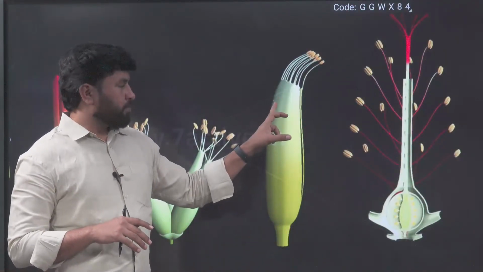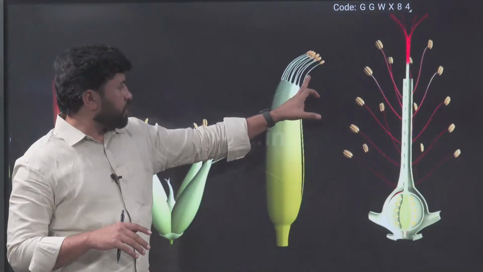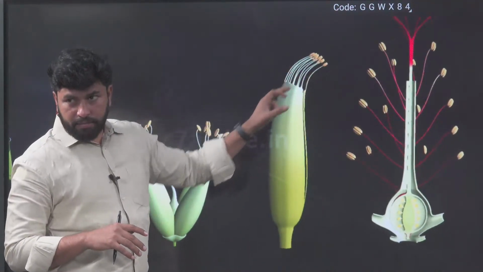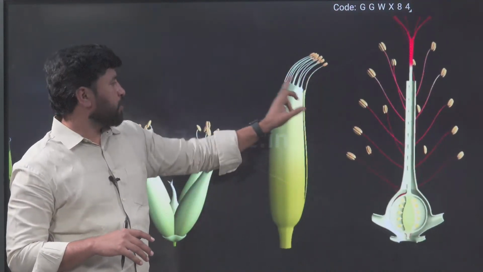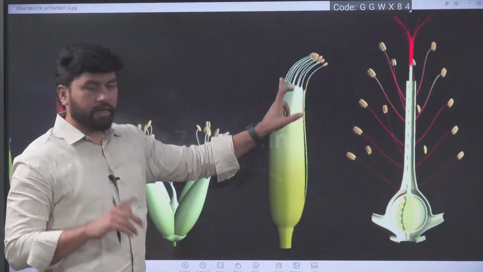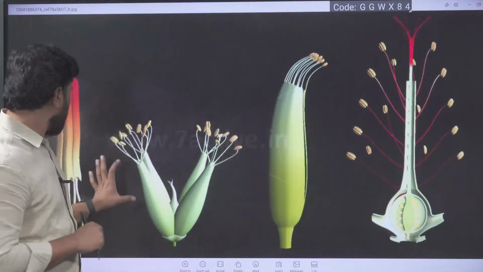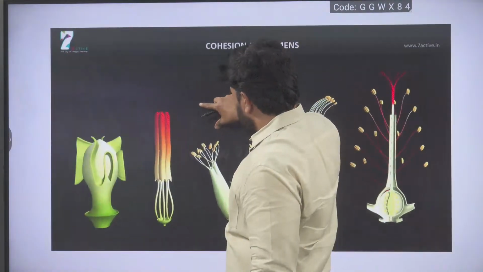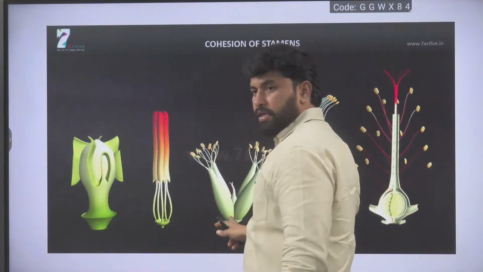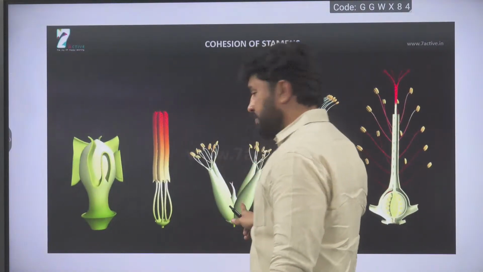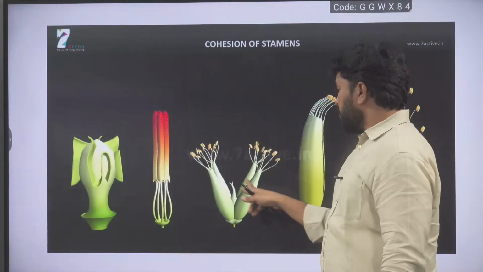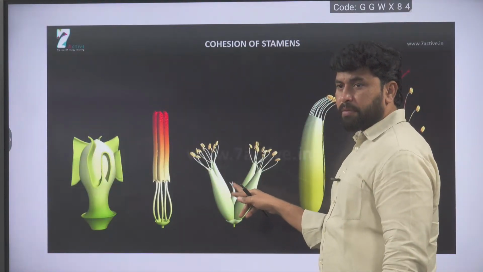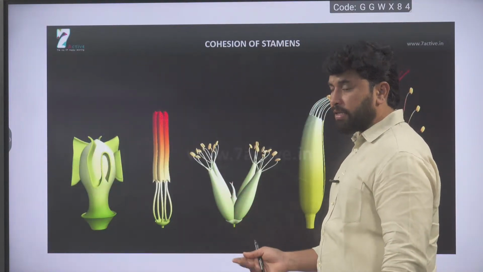Next one, this one, diadelphous. Two bundles are there. Okay, this one is separate. Total 10 in case of Fabaceae members. Total 10. One separate, 9 are in one bundle. This one over there, polyadelphy. Their stamens are united into several bundles.